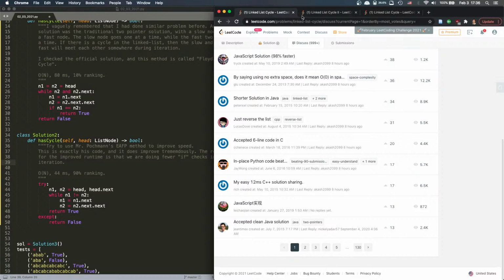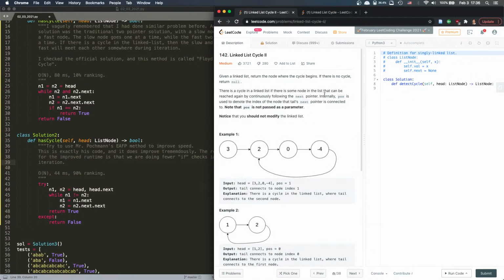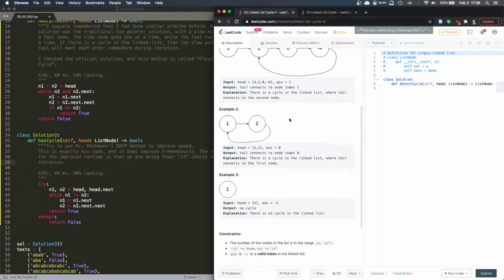All right, let's take a look at this. I forgot what this is. Return the node where the cycle begins. Okay, return the node where the cycle begins. So we should not modify the linked list.